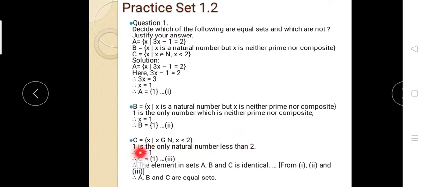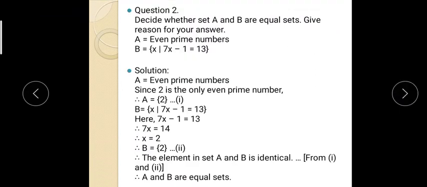So students, there is also a natural number which is less than 2, there is only 1, because natural numbers start from 1, and therefore C is also a set having 1. So from the first, second and third we can say that A, B, C are identical, because the number of elements as well as every element is the same. Therefore A, B, C are equal sets.